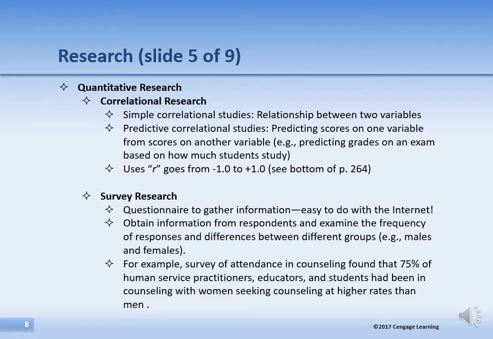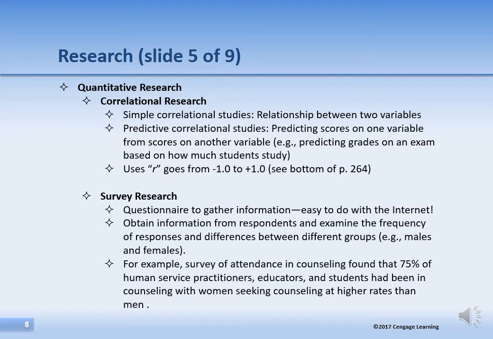The interesting thing about correlational research is there is a ceiling and a floor. The highest correlational value is 1. The lowest correlational value is -1. And you can see more about that on page 264.